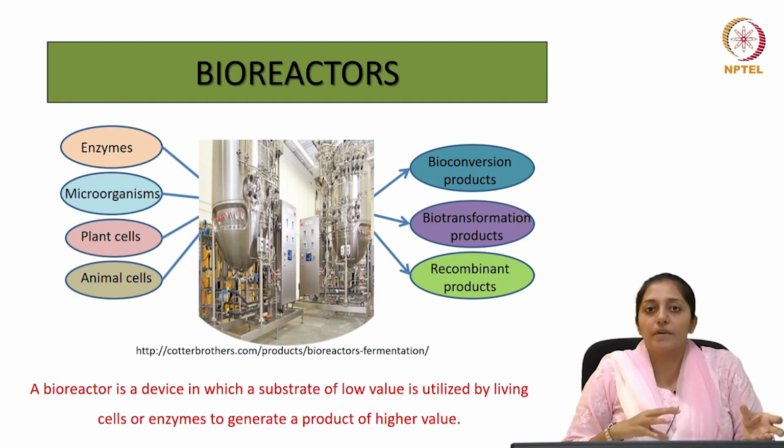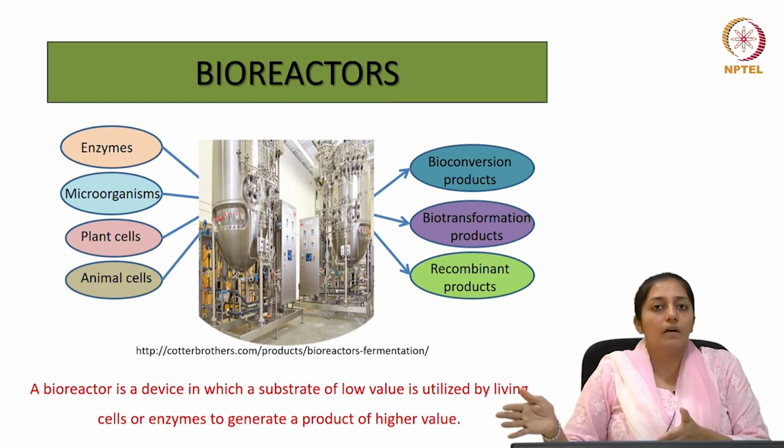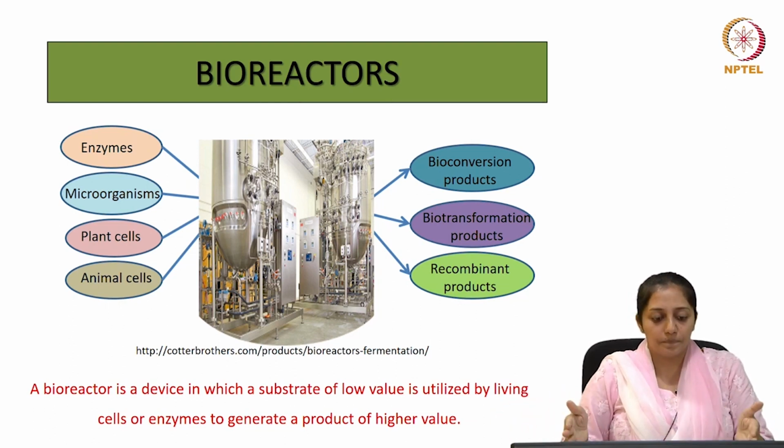So when a substrate is exposed to the organism, the organism uses the substrate, and the substrate undergoes a series of reactions which are not inherent to the organism's metabolism, but are operational due to the genetic intervention done inside the organism, and results in high value products. So those are called recombinant products.